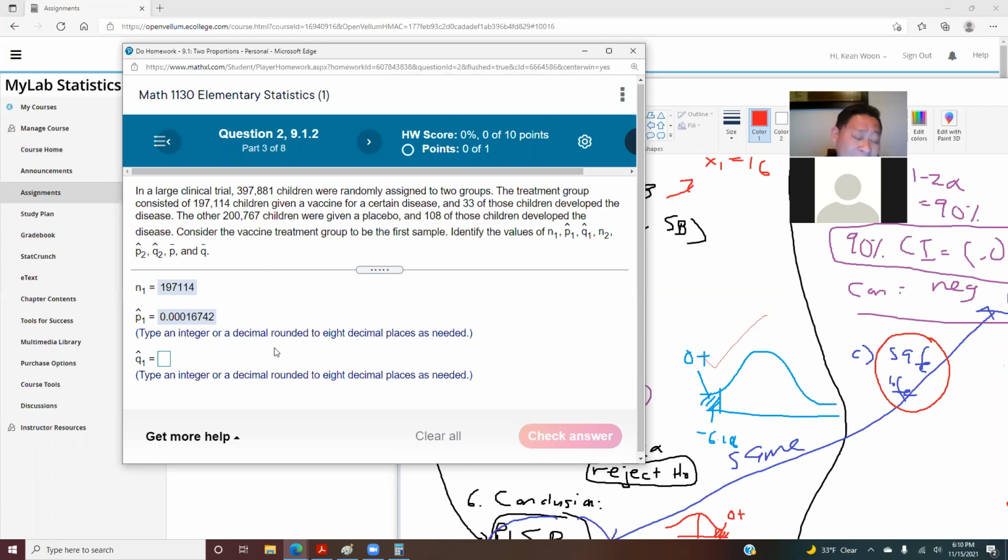Can you tell me what percent is not female? 80. How do you get 80? You take 100 minus 20, right? So this is not a percent, this is a decimal. So you take 1 minus this. Take 1 subtract this, and you get your answer for Q1.